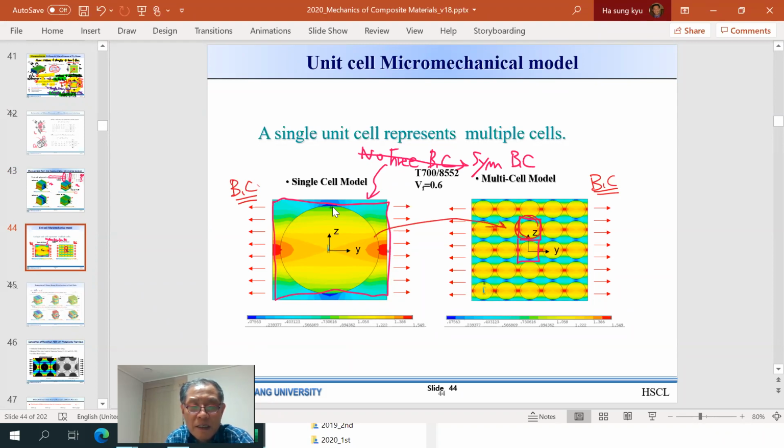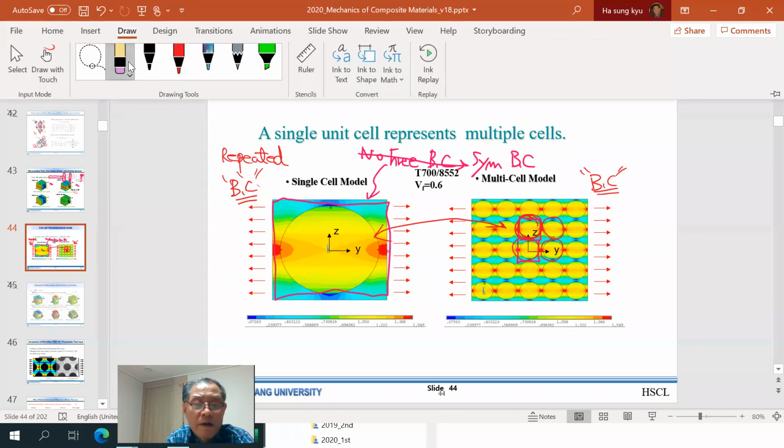This solution is just repeating. They are all the same. When we apply some boundary conditions, those are again repeated boundary conditions. It's not the free boundary condition, as I emphasized.